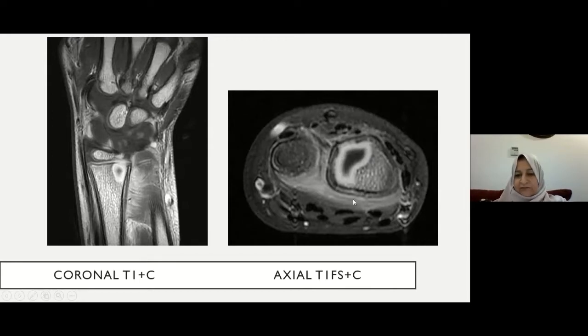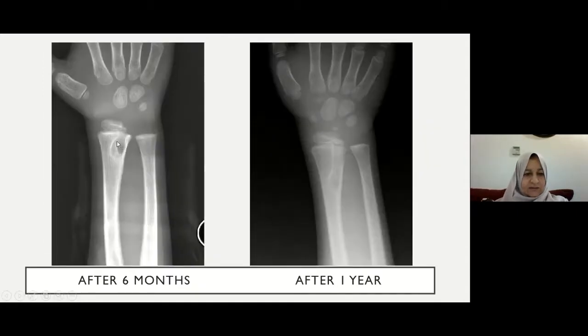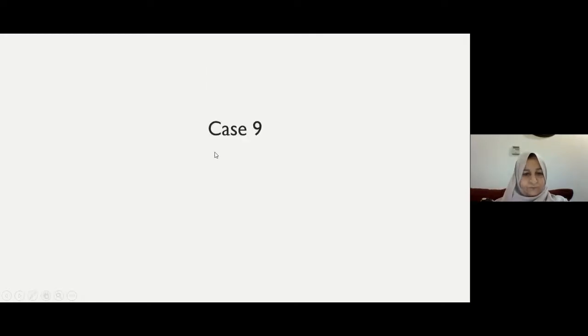Here we also have enhancing soft tissue, but without that dramatic appearance of subcutaneous and intermuscular edema. This is the penumbra in T1. After surgery, this has a bone defect with complete healing with no growth disturbance.